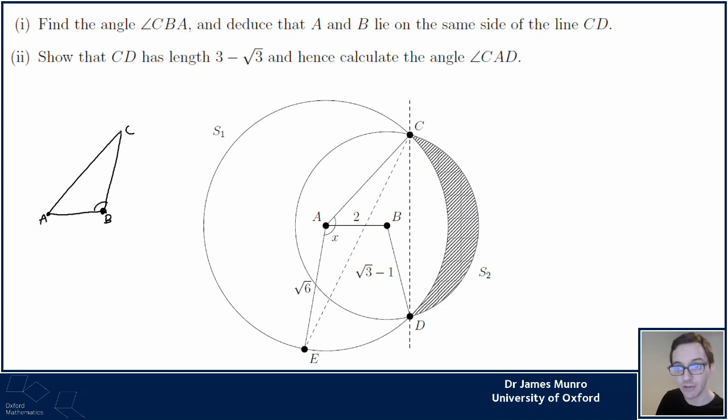That's the angle I want to find. And then on my small diagram I'm going to mark in the things I know. AC is the radius of the big circle, S1, that's √6. And BC is the radius of the small circle, that's √3 minus 1. And AB, we're told, is 2.